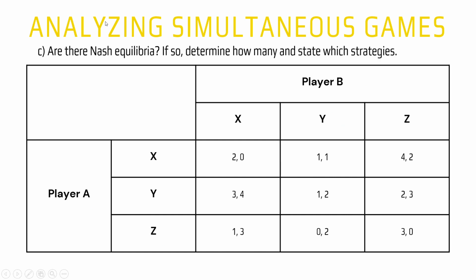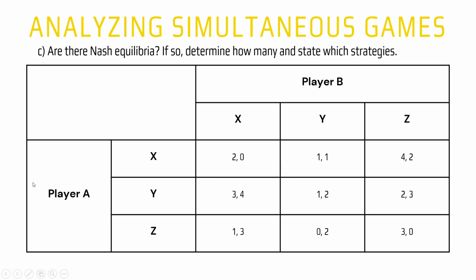So for the next question, are there Nash equilibria? If so, determine how many and state which strategies. As defined earlier, a Nash equilibrium is a list of strategies with one strategy per player such that each strategy on the list is the best response to the other strategies on the list. So it is basically the strategy that yields the best payoff considering the strategy that the other player chooses.